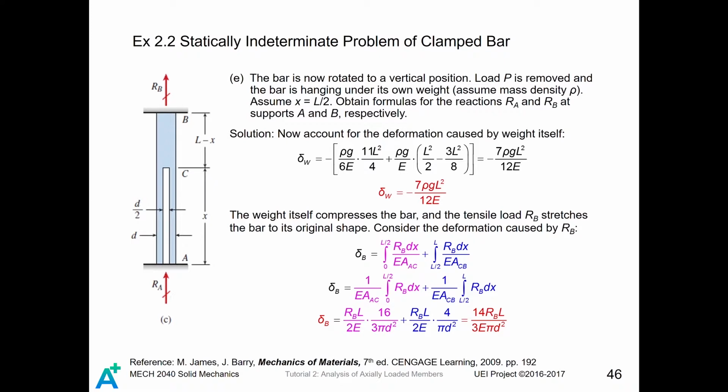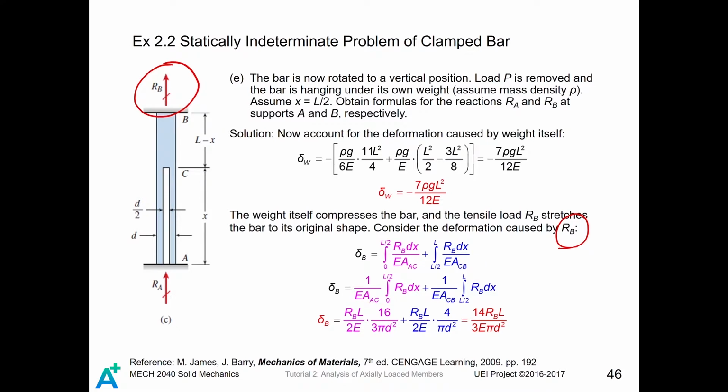Next, after we consider the deformation caused by the material weight itself, we will consider the deformation caused by RB. So now we ignore the weight inside the bar and we only consider RB. For RB, it is rather similar to what we just computed. For the section from 0 to L over 2, we substitute RB and AAC into the integral, while for L over 2 to L, we substitute RB and the cross-sectional area will become ACB.